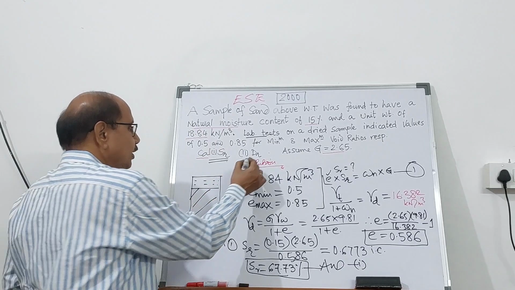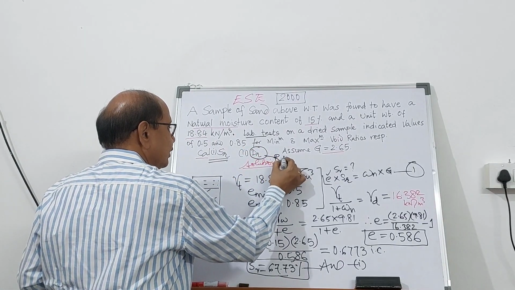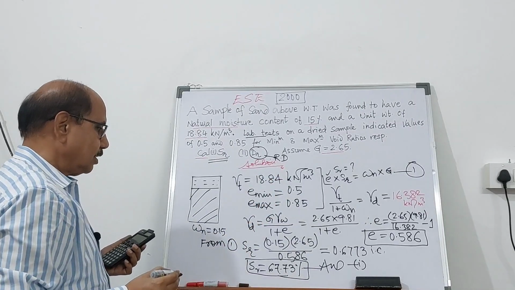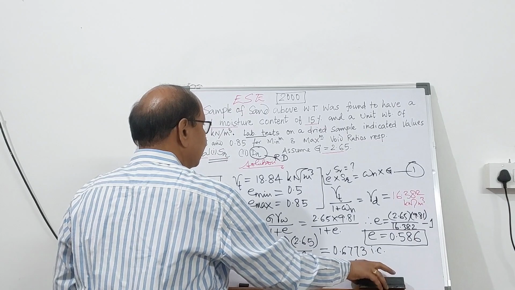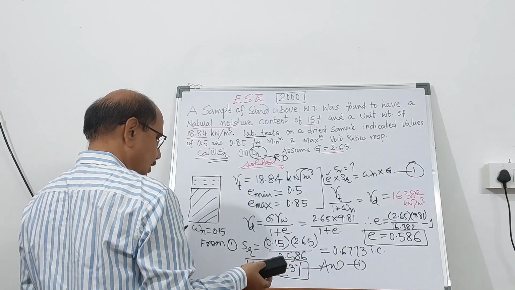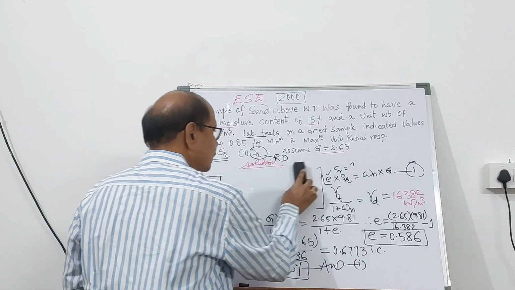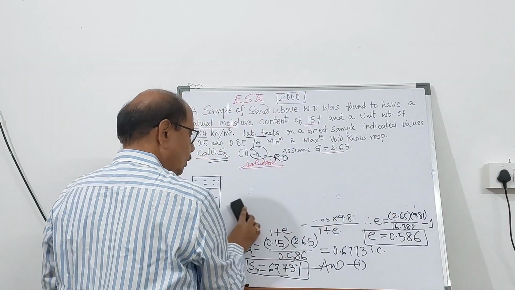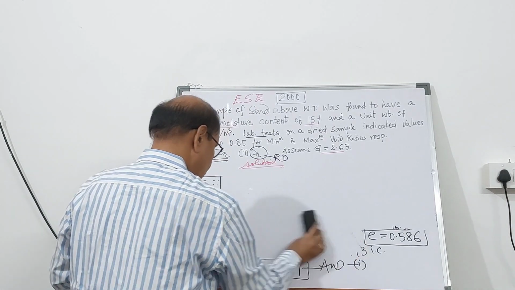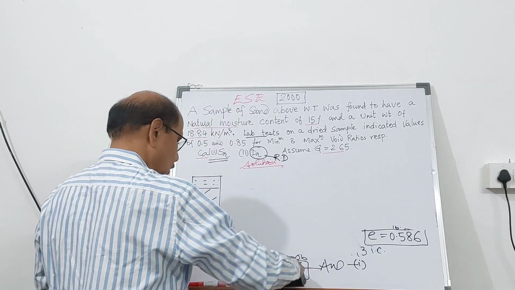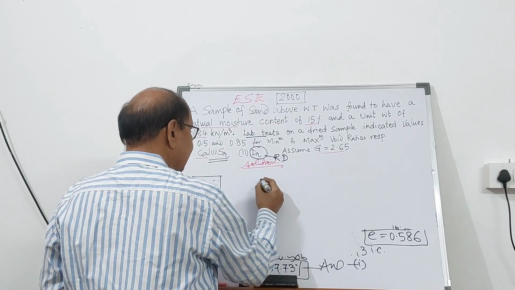Now, you need to calculate the relative density. To calculate the relative density Dr, we know the formula. The void ratio is known to us, and the degree of saturation is known to us. So let us calculate the relative density.